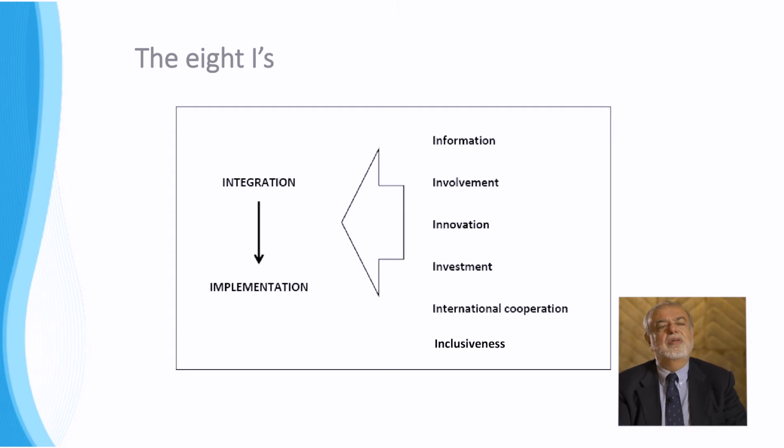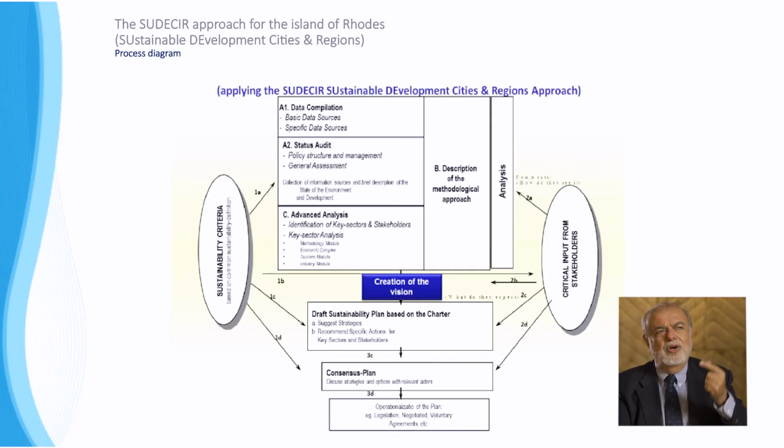So with those elements, we start to have the plans. Don't be shy in front of very complex graphics. What is important in this SUDESIR, Sustainable Development in European Cities and Regions, we have tried and implemented it long ago in the island of Rhodes and other areas.